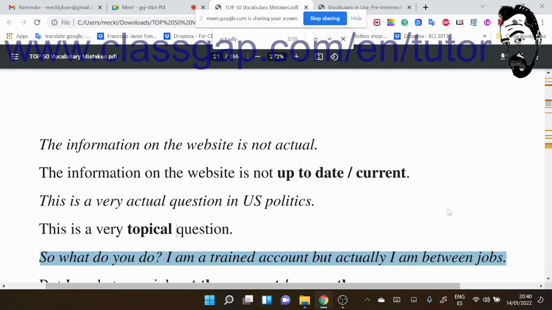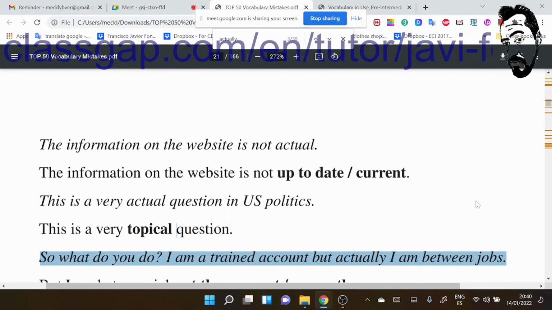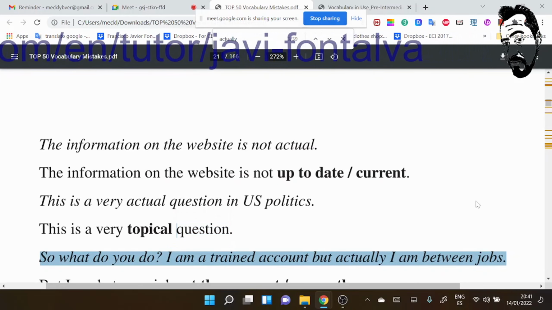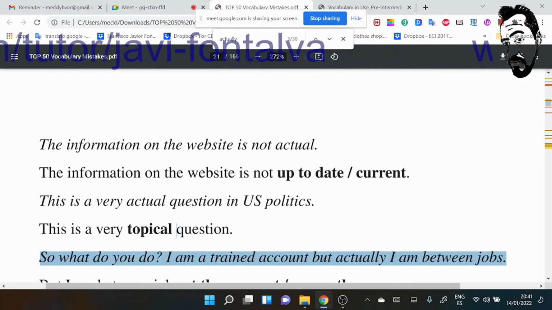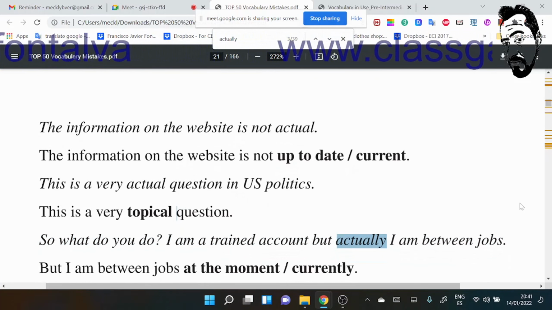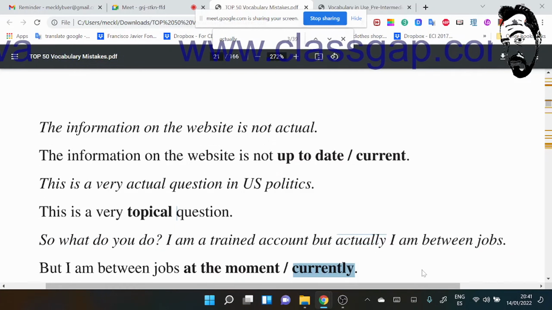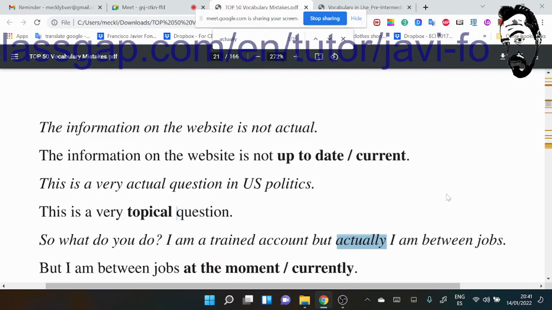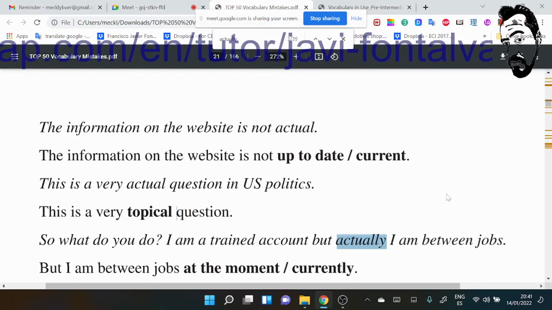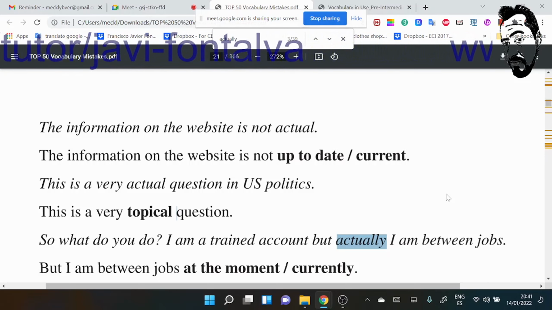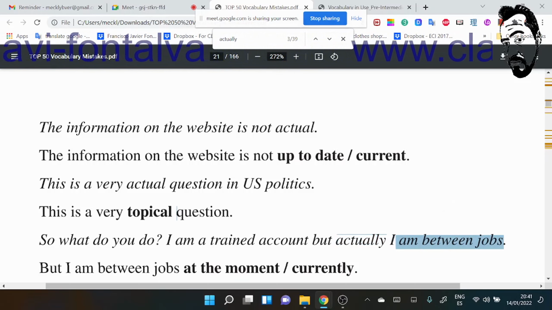Another sentence. So what do you do? I am a train accountant, but actually I am between jobs. Again, wrong. We can say at the moment or currently. Why? Because actually it's like en realidad. Okay. So this is a false friend. By the way, this is an expression we use in English.